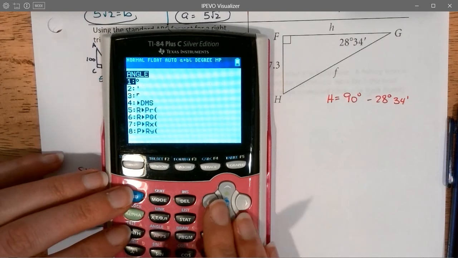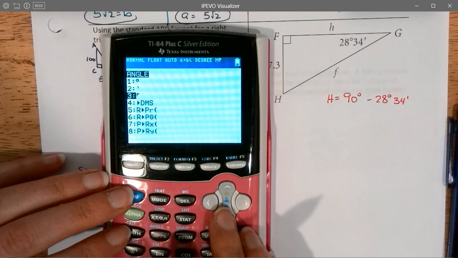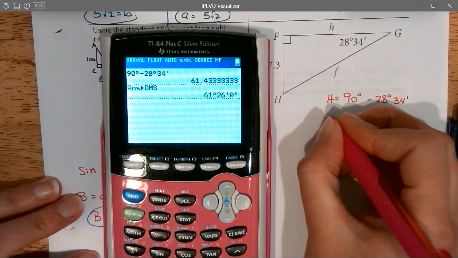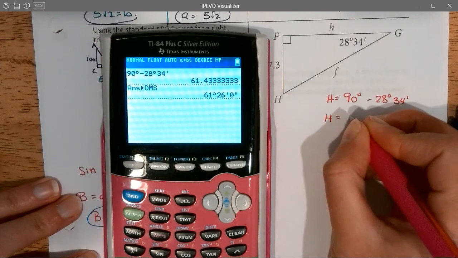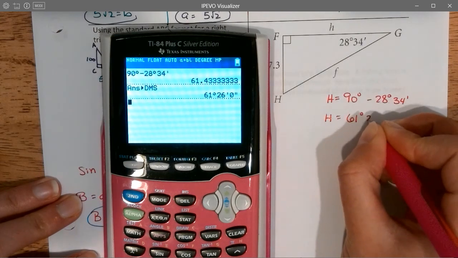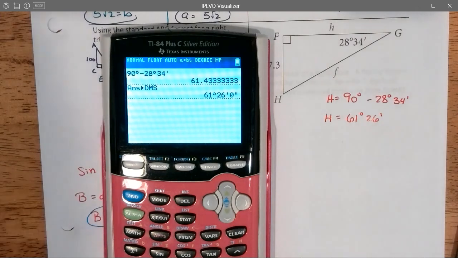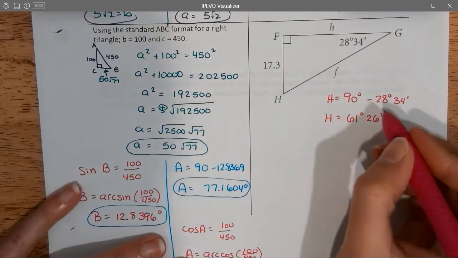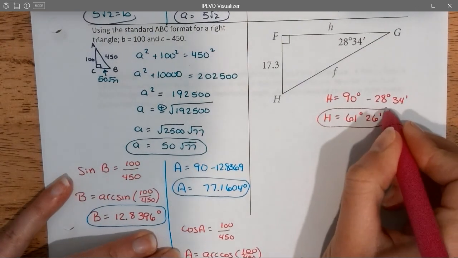Angle, I'm going to convert that decimal degree measure into DMS, degrees, minutes, seconds. So angle H is 61 degrees, 26 minutes. Okay, cool. So now I know angle H in DMS notation to match angle G.